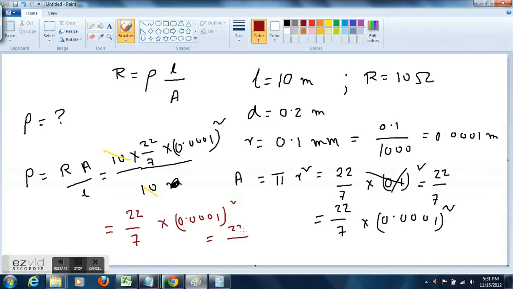So 0.0001 square is coming to be 10 to the power minus 8, and 22 upon 7 is coming as 3.14.